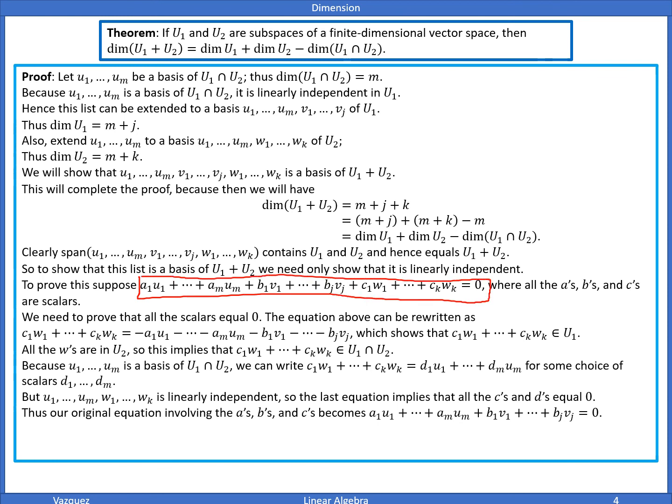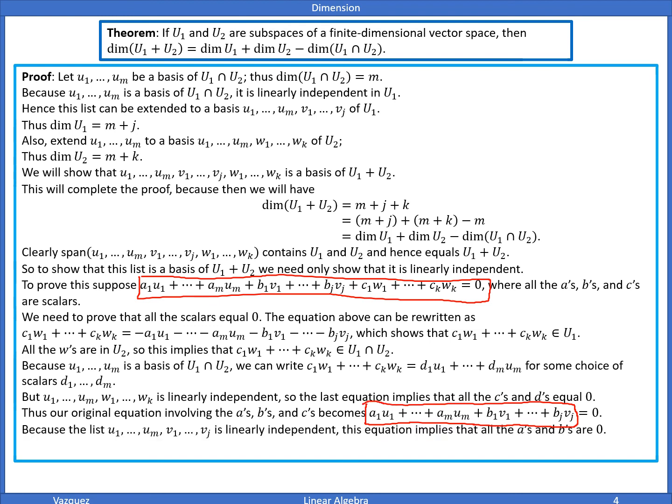This equation can now be reduced to this, because we don't have to worry about the W's anymore. And now, because U1 to UM and V1 to Vj, that whole list is linearly independent, it also implies that all the A's and B's are equal to 0. Therefore, all the A's, B's, and C's are equal to 0, which concludes the proof.